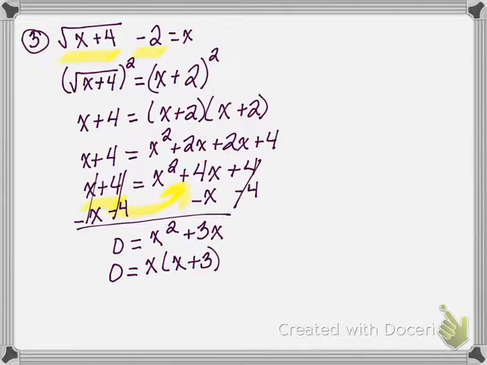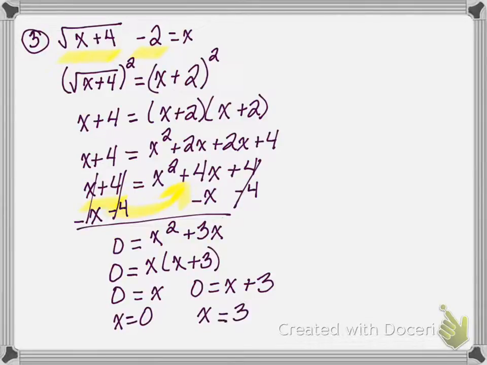I have factored out the greatest common factor, which is an x. Now, to finish solving this quadratic, I'm going to have 0 equals x, and 0 equals x plus 3. So the two values that I have for x are 0 and negative 3.